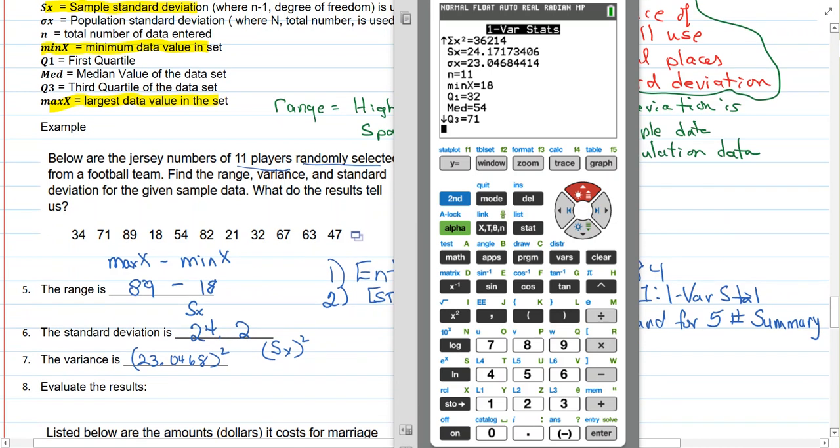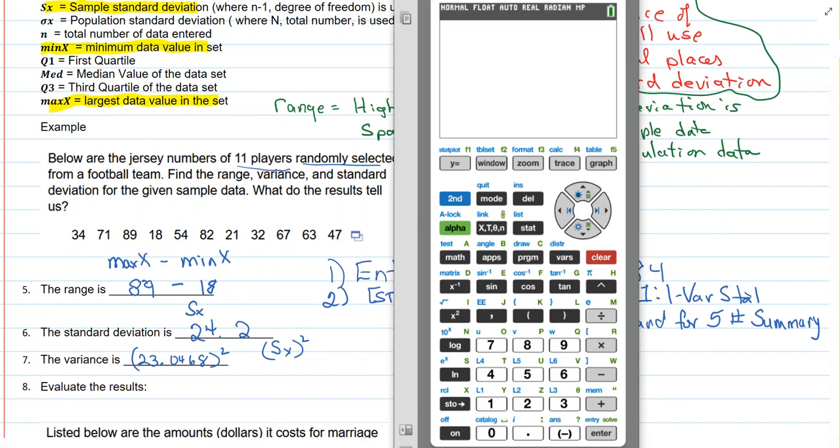Okay, and square it so we can get the answer we need. All right, so here we go. So I'm going to clear my home screen and do some math. 89 minus the 18. The span is 71 numbers. Okay, we got the standard deviation. We need to figure out the variance. So I'm going to enter the 23.0468, sorry.